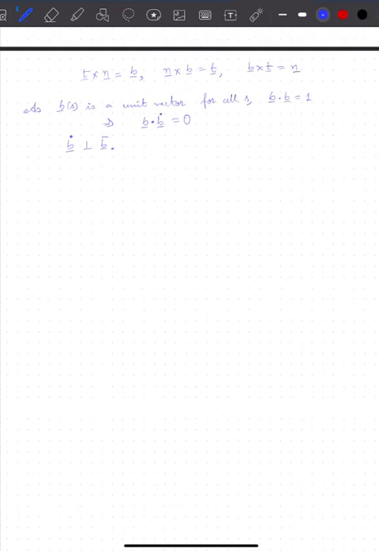Now, going back, we have B vector equal to T vector cross N vector.